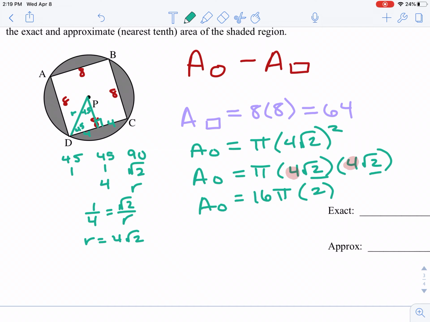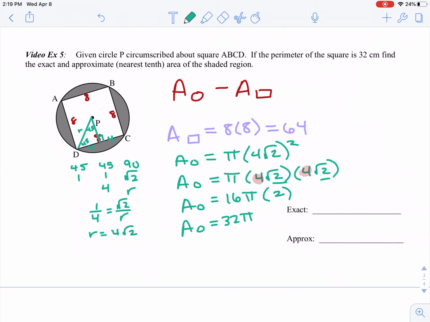So when I do that, I get the area of the circle is 32 pi. So my exact solution would be 32 pi minus 64. My approximate solution would be 36.5, and I need to put units on both of those.